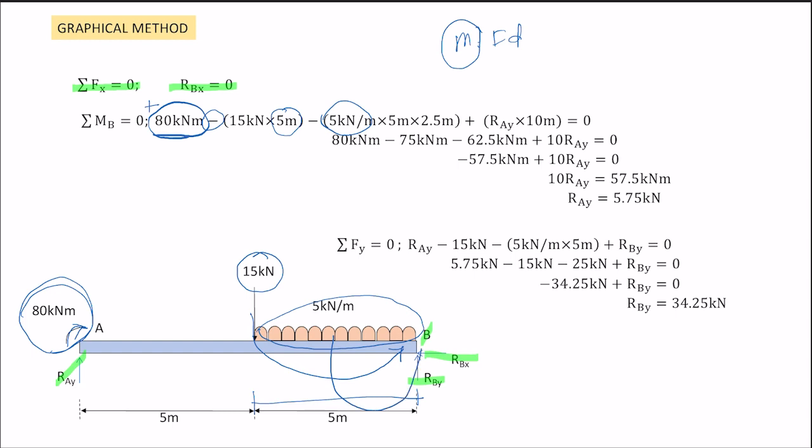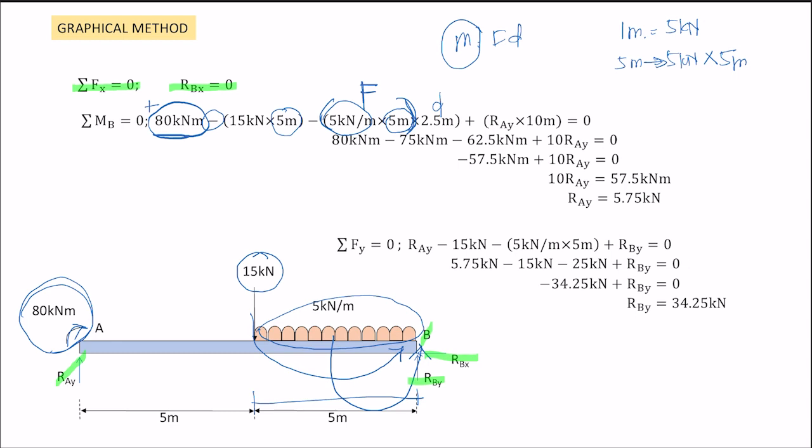It goes to B. We have to multiply with the distance. The actual distance is this 5 meter, because for 1 meter of beam it is 5 kilonewton. So the beam loaded with 5 kilonewton per meter is 5 meters long. To get the total for 5 meters, you have to multiply by 5 meter, because 1 meter is 5 kilonewton. That's why here is the force, and its distance is 2.5.